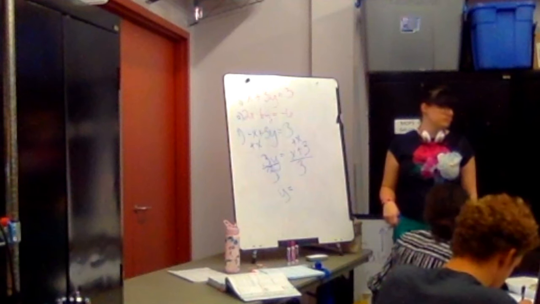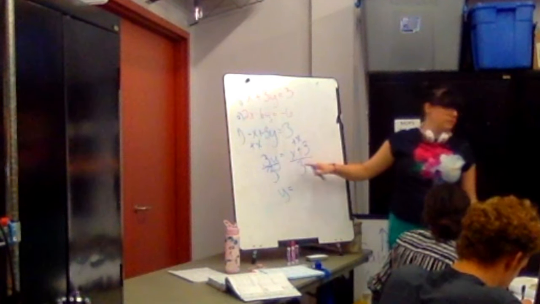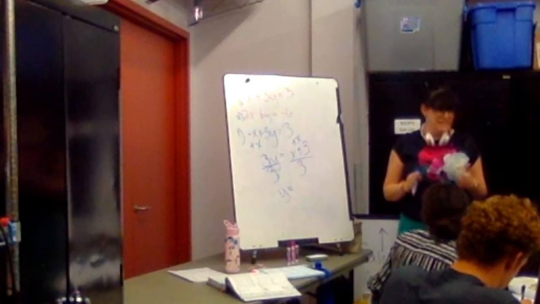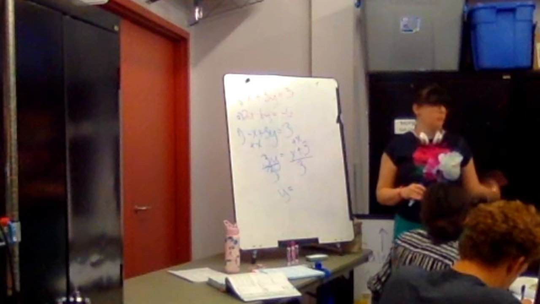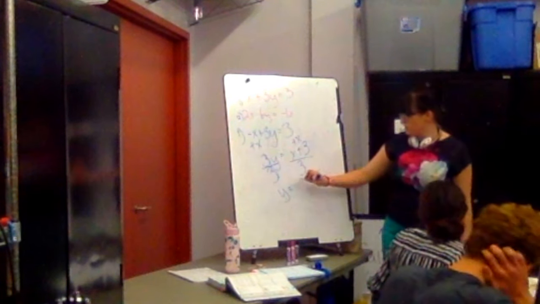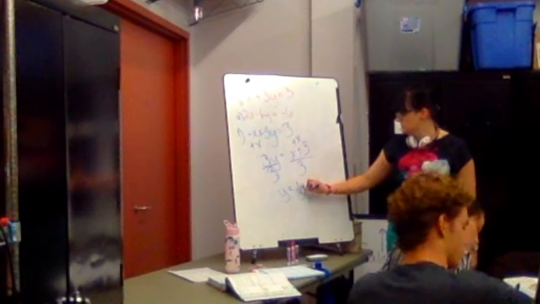Does that make sense? Okay. So instead of writing it as x divided by 3, I want to write it as a coefficient of x so I can see what my m is. Because in slope-intercept form, it's y equals mx plus b. So x divided by 3 is the same thing as 1/3 times x.